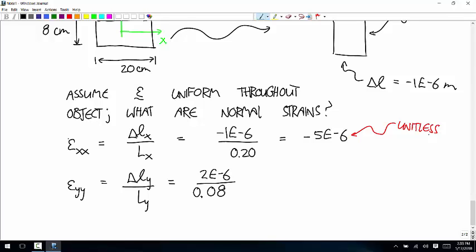And that is 0.25 times 10 to the minus 4. So 0.25. So is that 2.5 times 10 to the minus 3? No, yeah, 5. Then we don't know about z.